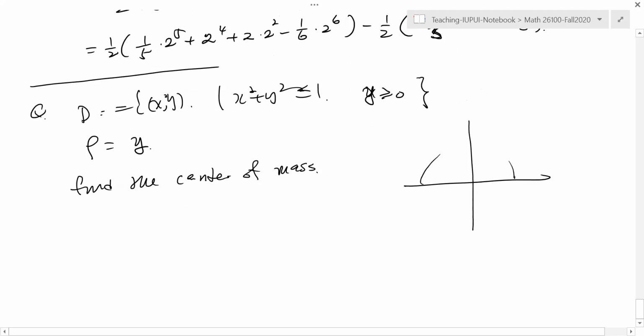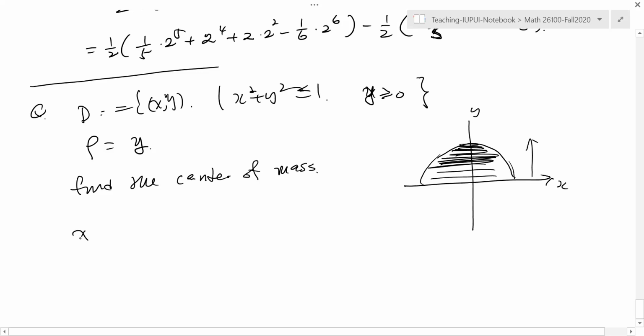This is a semicircle, right? And the density function increases like this, going in that direction. So this region, including the density, is symmetric about the y-axis.